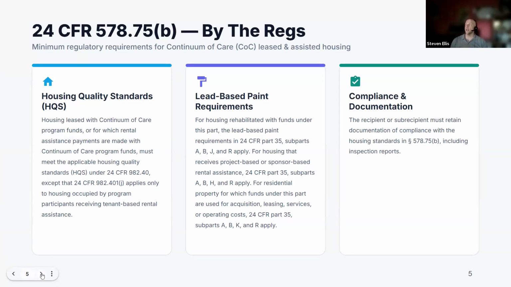The COC regulations say the recipient or subrecipient must retain documentation of compliance with the housing standards, HQS, including inspection reports. So this is the first time in all the TA that we're going to talk about, over all of these training sessions for those communities working with us, right? We're going to talk about document, document, document.